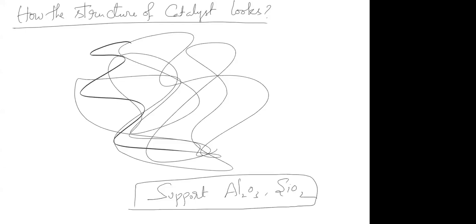On the support, you disperse the catalyst so that every particle participates in the reaction. If I have 1 gram of gold, I can disperse it over the entire room. If I put 1 gram of gold as it is, how much surface is available for reaction? It is less, no. Whereas if I disperse it over a fine surface, every particle will participate in the reaction. So this is how the catalyst looks: a highly porous structure.